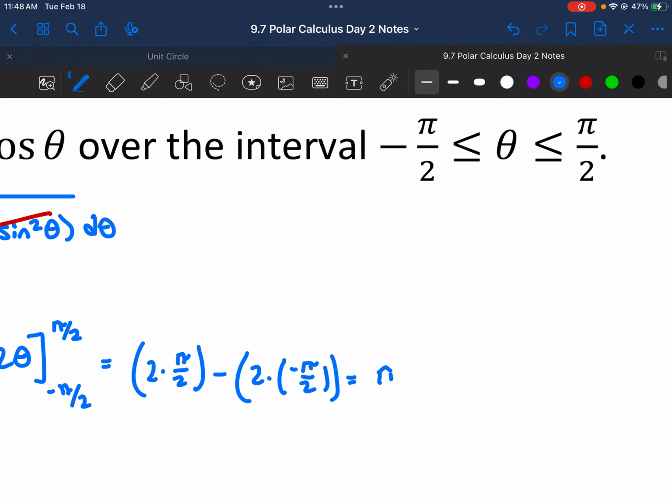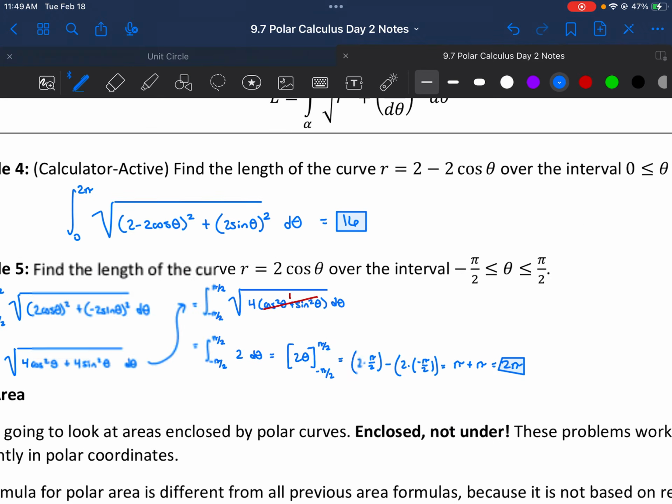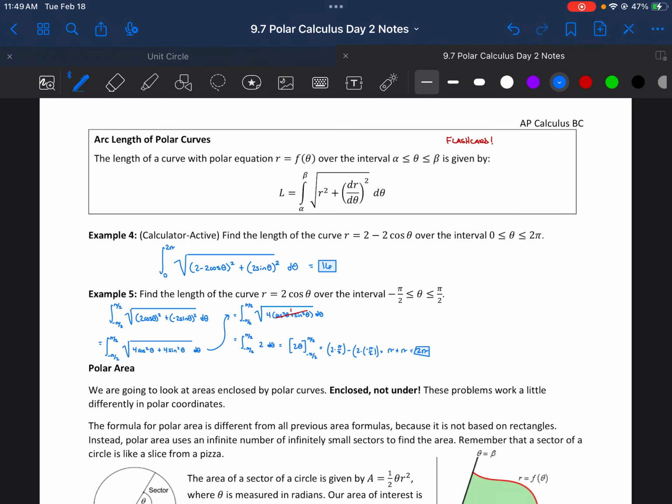So pi minus negative pi, so pi plus pi, which is 2 pi. Nice and easy arc length to evaluate, because a lot of the simplification there.